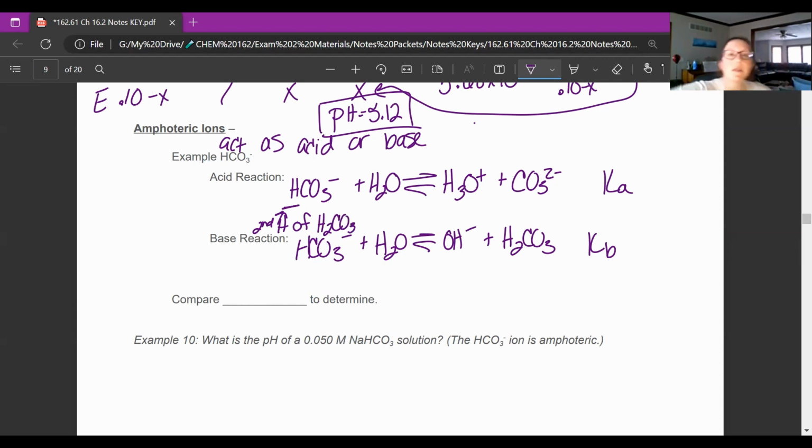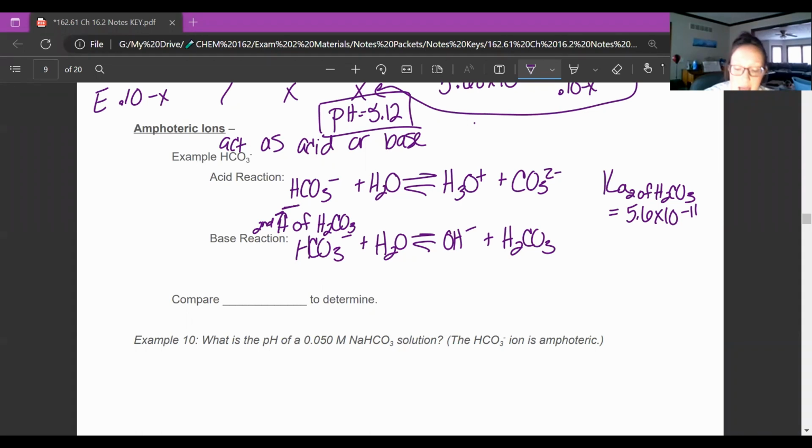Okay, you really need to take a step back and look at these equations. Is this something that I've seen before? Well, I have. That would be Ka2 of H2CO3. That's something I can actually look up. So that is actually 5.6 times 10 to the negative 11. Cool.